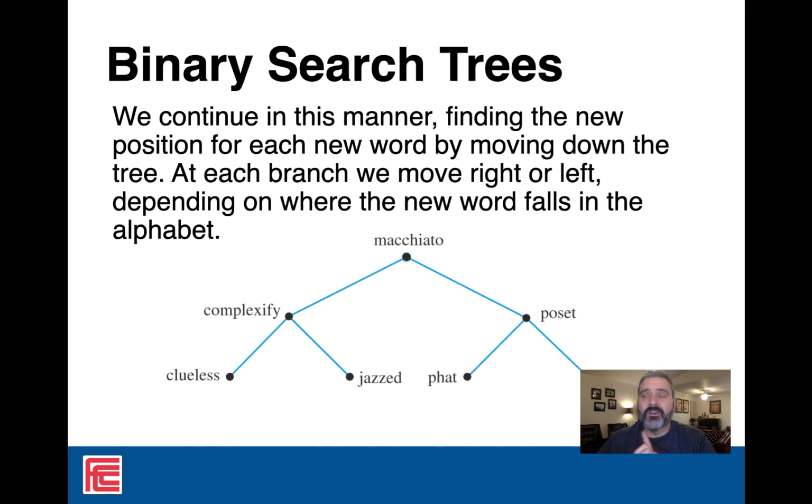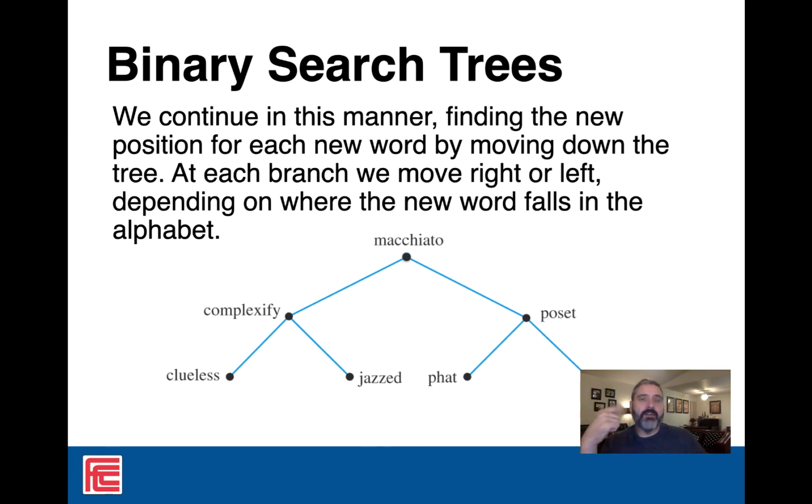Now, by the way, it turns out we ended up with a perfectly balanced binary search tree. There is no guarantee you're going to get that, right? If the fourth word had been after macchiato but before fat, we would have gone macchiato, posit, fat, and then back down to the left.